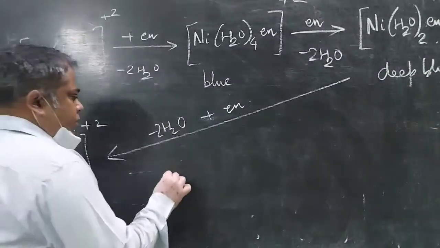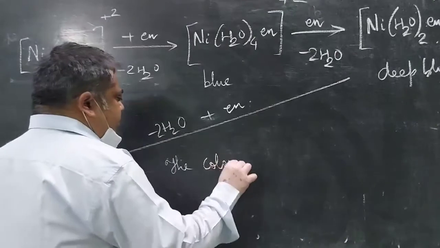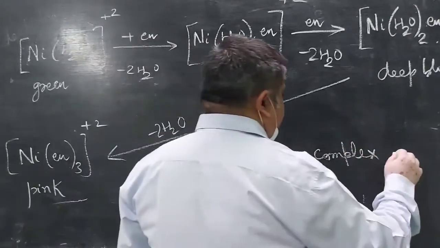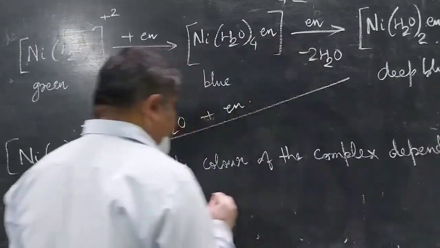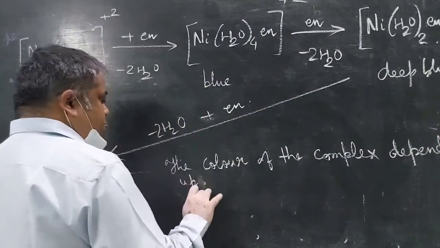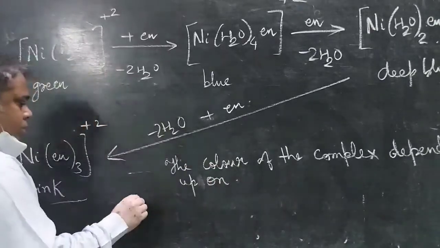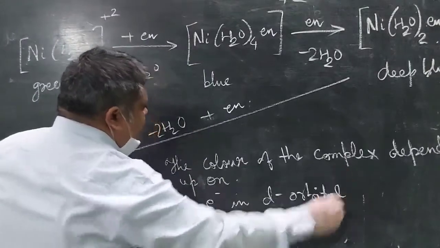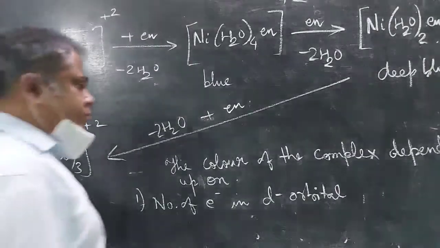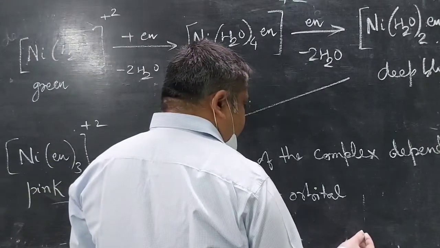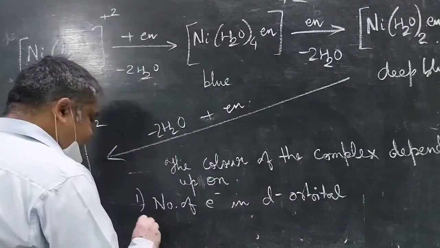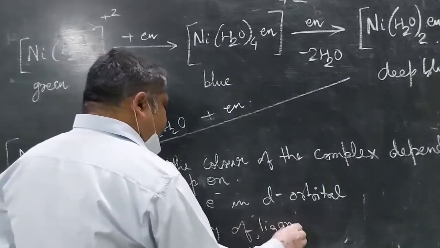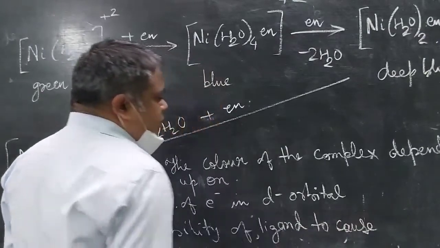So, the color of the complex depends upon the number of electrons in d orbital, and the ability of ligand to cause crystal field splitting.